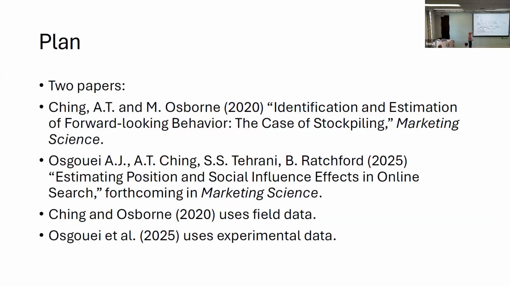The second paper is about search behavior, and in that paper I'm going to be using experimental data, actual experiments. So it's not like I use both together in one paper. Of course, we can do that as well in some cases.